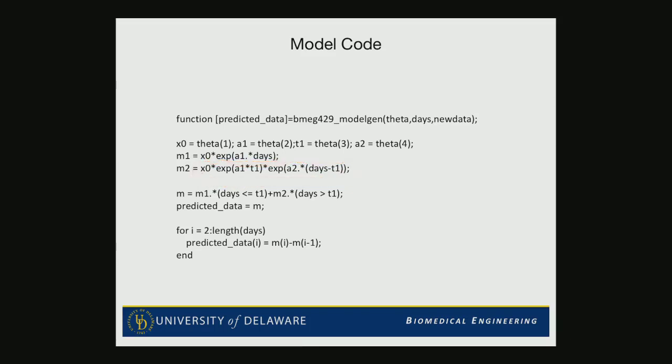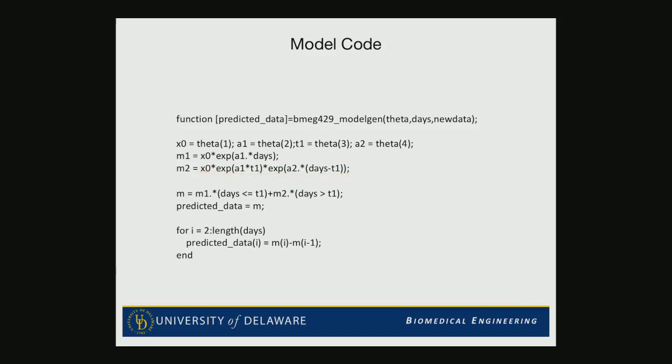So basically we have just this shifted version, right? Where we have e to the A1 times t1 times x0. That's the final value of m1 before it switches to the second growth phase. And then here we've got the second growth rate A2, but I shifted it by t1 so that it matches with this code.